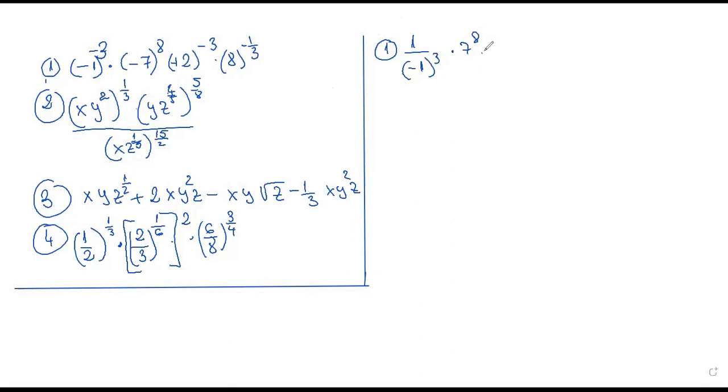Times 1 over 8, times, and then it's so it'd be cube root, right? Or no? I don't remember exactly, just this one part.